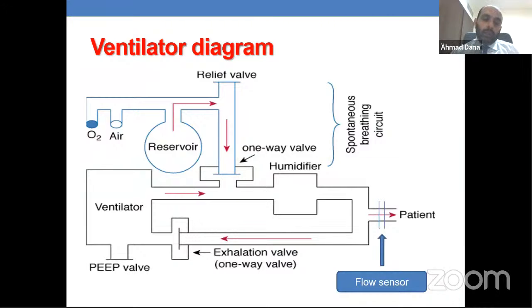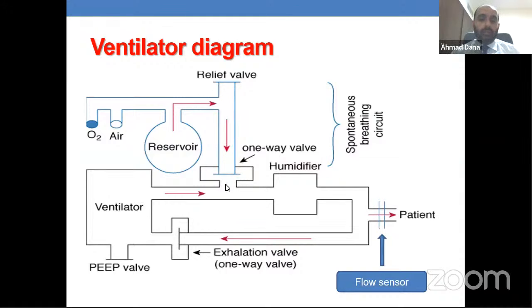Before digging into the graphics, we need to understand how the ventilator works. This is a simple diagram. You take the air and the oxygen from the wall, from the medical gas, and you make a reservoir. Here is your mixture or blender, and there is a flow of this gas.